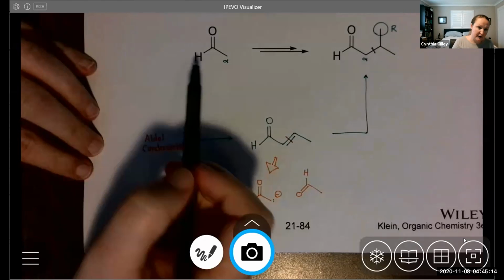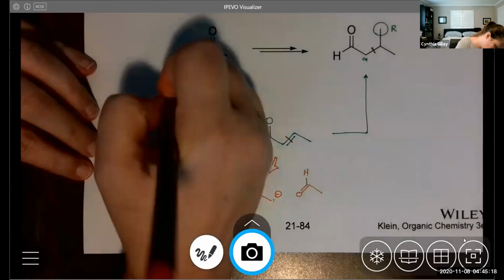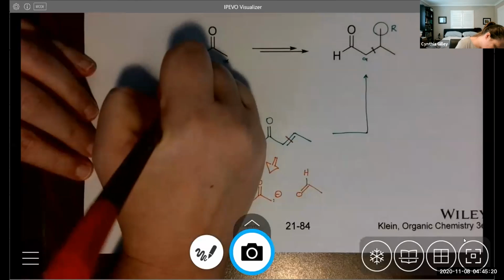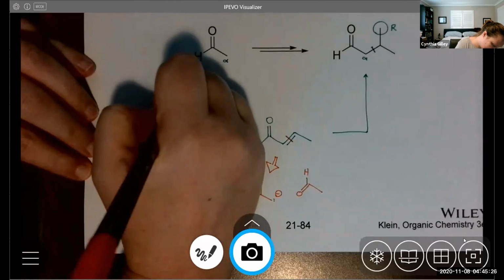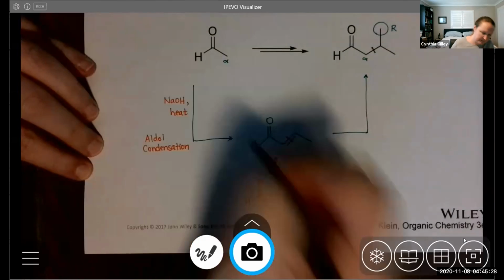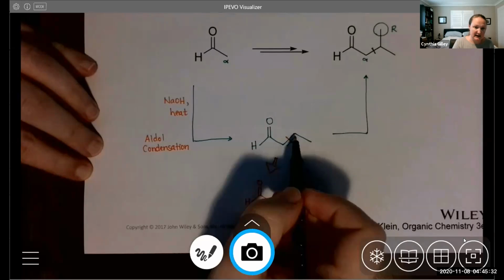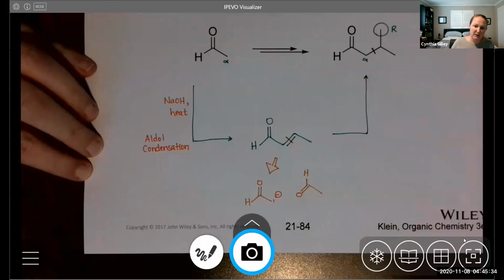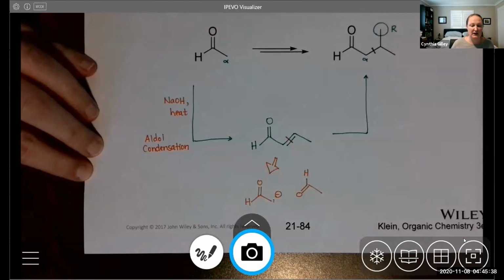So just starting from two equivalents of this, with an appropriate strong base, such as sodium hydroxide, we can do an aldol addition. And if we want it to go all the way to the condensation, we should also add heat. That will give us this alpha beta unsaturated aldehyde product, which is a good substrate for a conjugate addition.